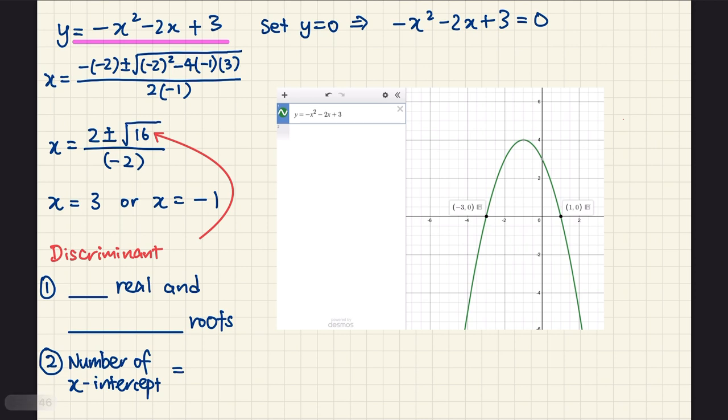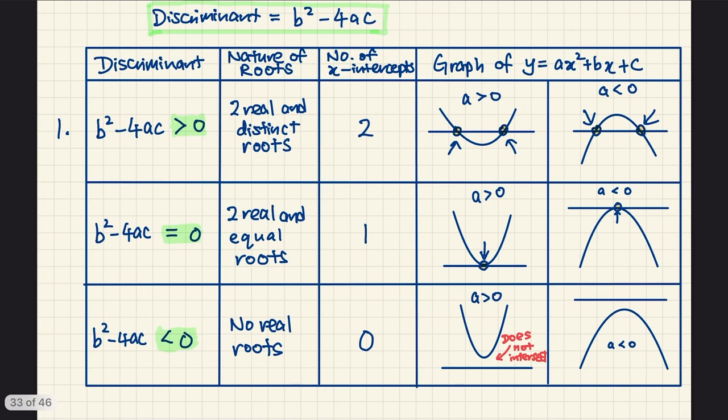So here, for example, we have y equals negative x squared minus 2x plus 3. And if I set y equals 0, then solving a quadratic equation is just solving negative x squared minus 2x plus 3 equals 0. In the earlier discussion, there are two situations.